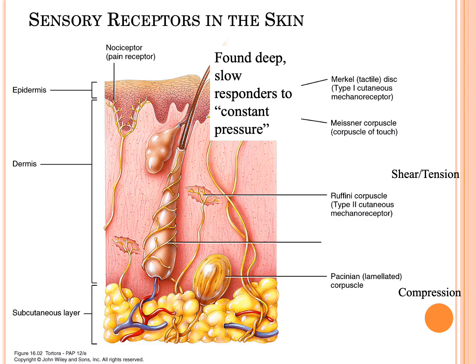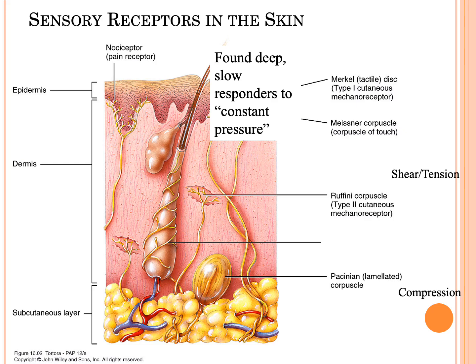These are slow adapters, but they also undergo a desensitization process, and that leads to a lack of awareness of constant pressure if the pressure remains stable. So after a while, you stop feeling the chair underneath your gluteals. The reason is that the Pacinian corpuscles are saying, we have had the same level of compression for a long period of time. We no longer have to send that signal out. Not only do we not have to send the signal out, but upstairs in your cerebral cortex, we stop responding to that signal because the signal has been constant.